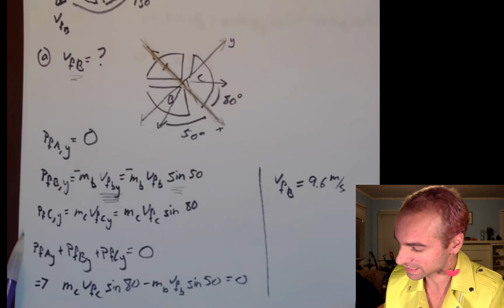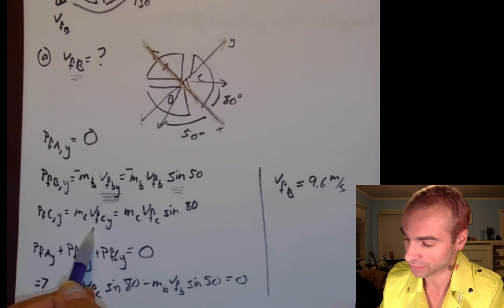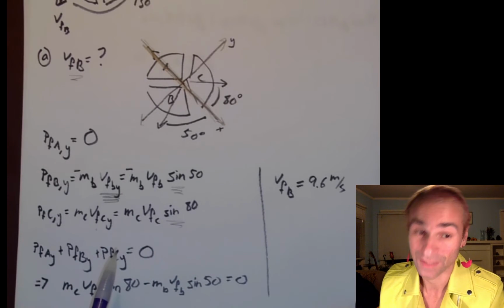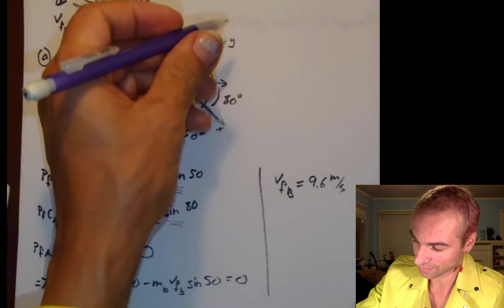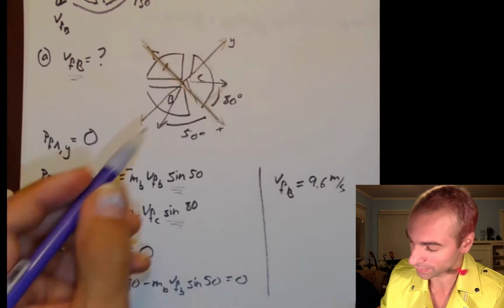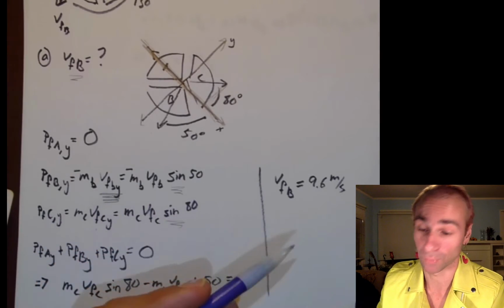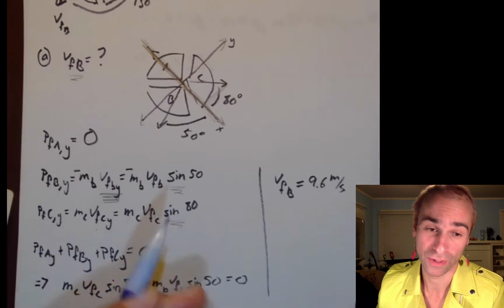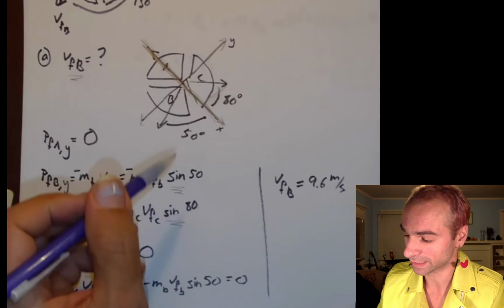Same thing for the C piece. If we want to get the y component, mass times velocity in the y direction, again we use sine because it's in the y direction, the sine of the angle to get that component pointing in the y direction times the velocity vector. As always, we've got to multiply by the hypotenuse. We can't just slap a sine on things. It's not going to work. We need to scale it by the velocity vector.